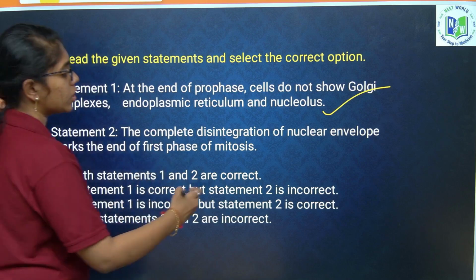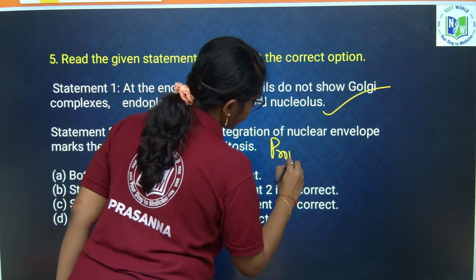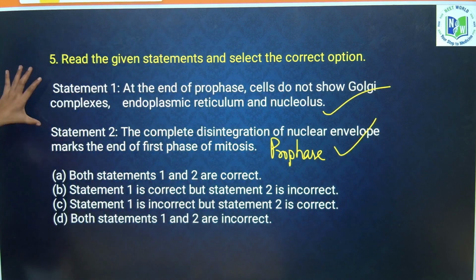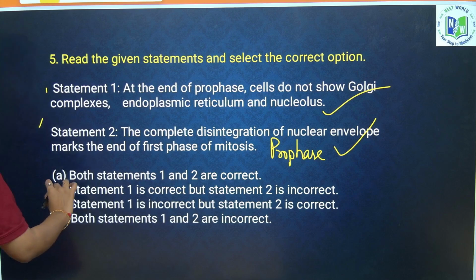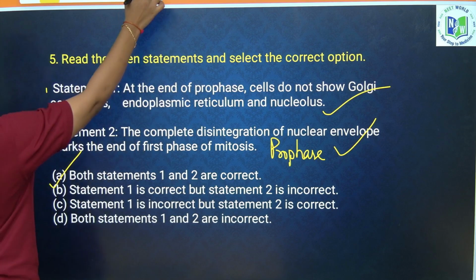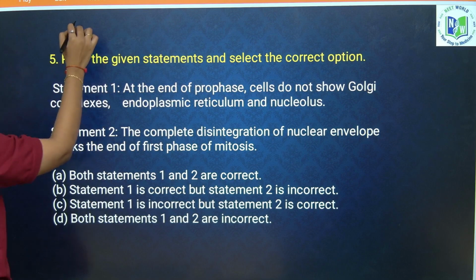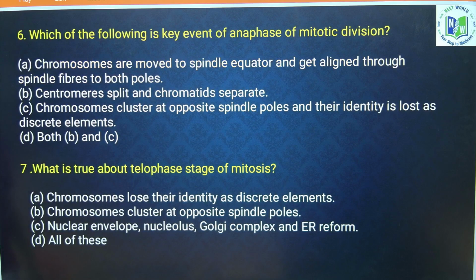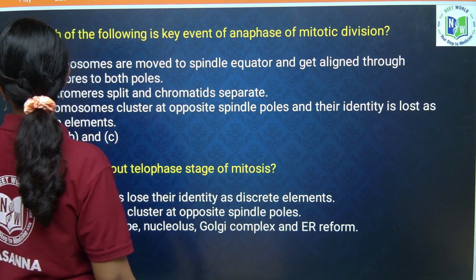What is the first phase of mitosis? Prophase only, right? So yes, this is also true. Both statement 1 and statement 2 are correct. It is option A. When they reappear, they reappear in telophase.